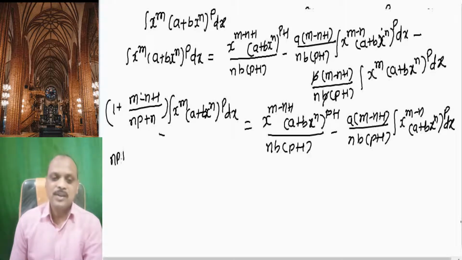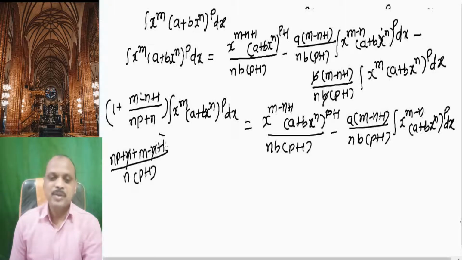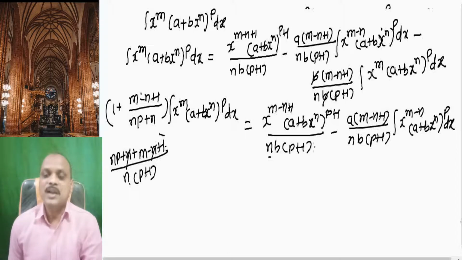So we have np plus n plus m minus n plus 1 divided by n into p plus 1. Okay, so minus n and plus n will be cancelled, and we are left with np plus m plus 1. And look, we have n into p plus 1 everywhere, so we cancel out that term.